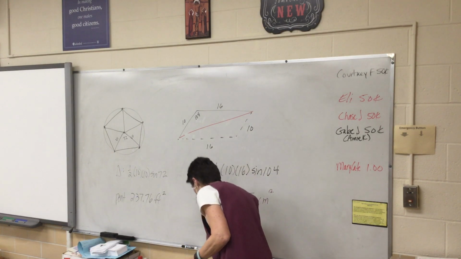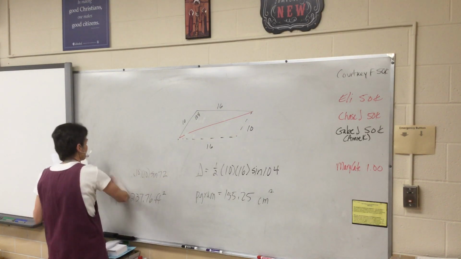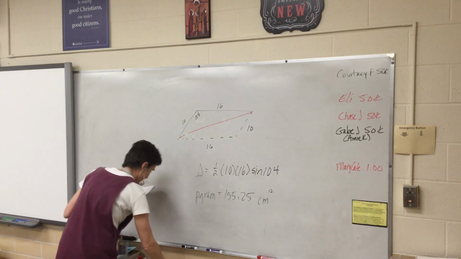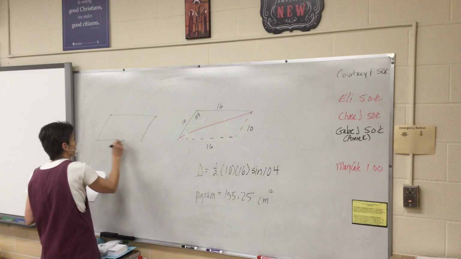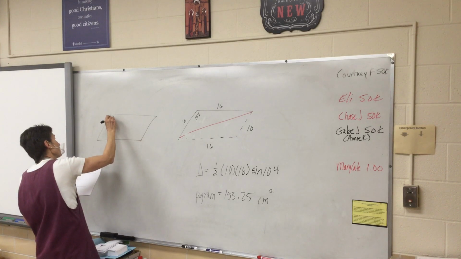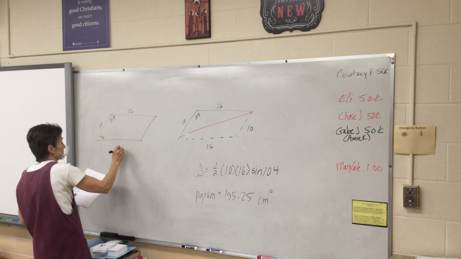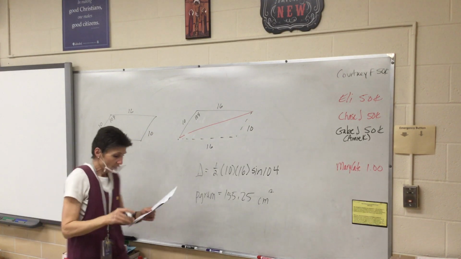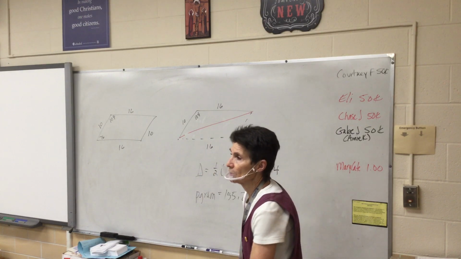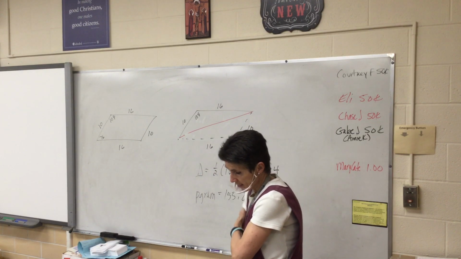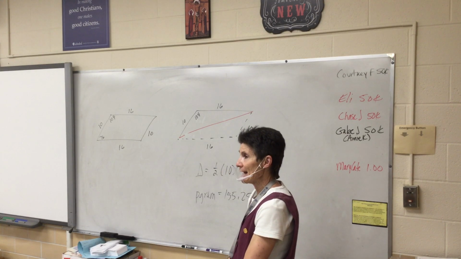All right. Now, question 3 uses the same parallelogram. So I'm going to go ahead and draw a parallelogram again. One angle was 104, this one was 76, the sides are 10, 16, 16. Now what does question 3 want me to find? It wants me to find the length of the shorter diagonal.